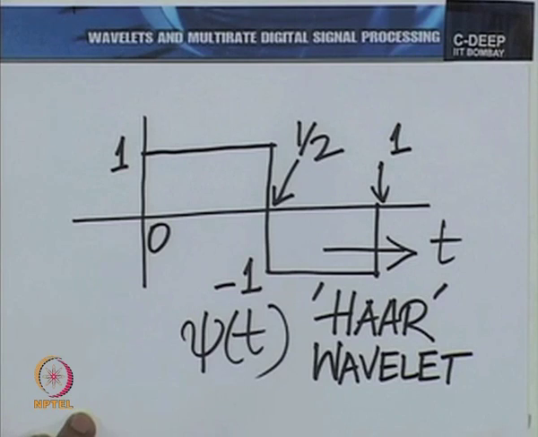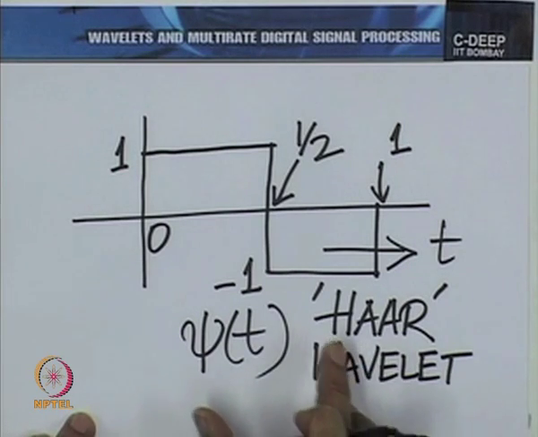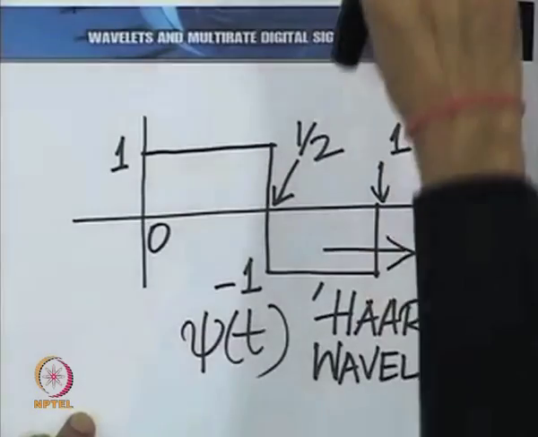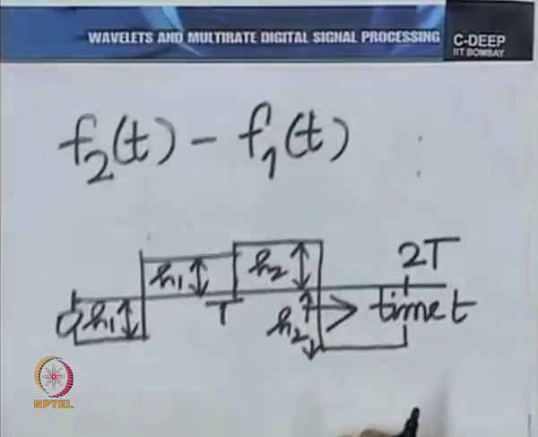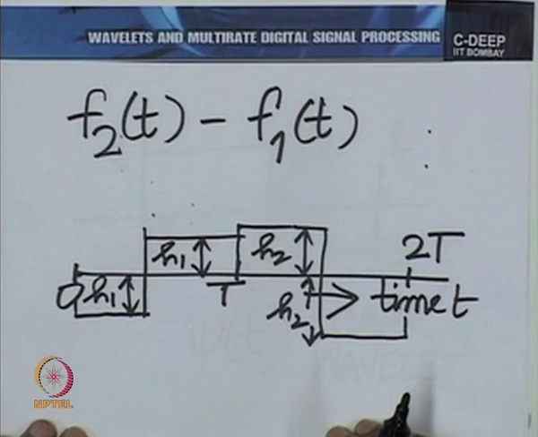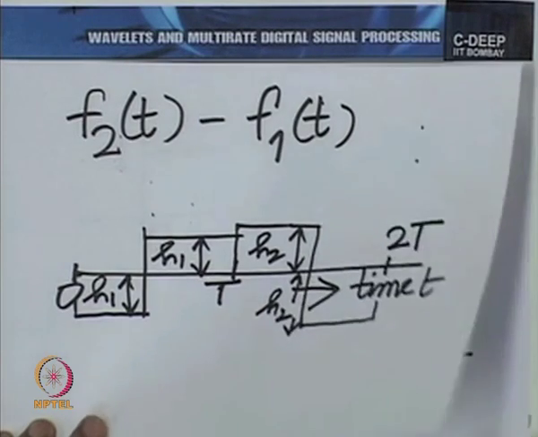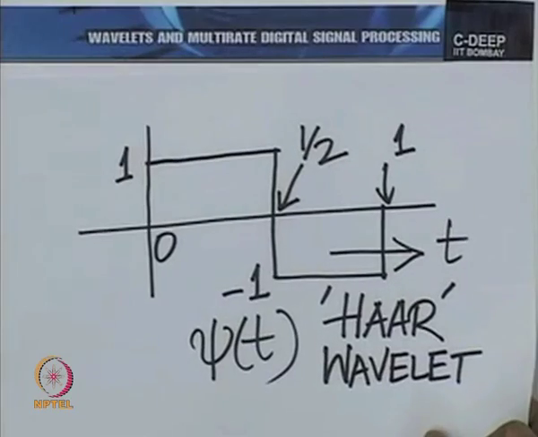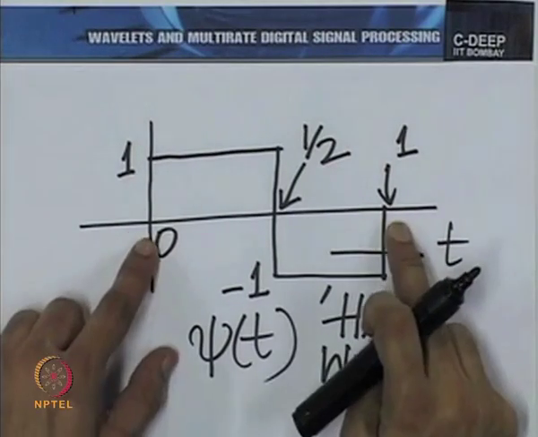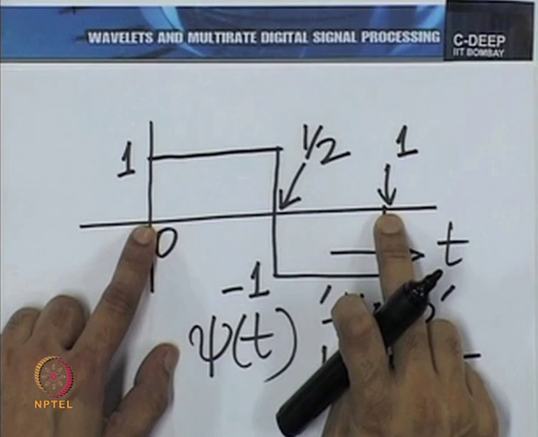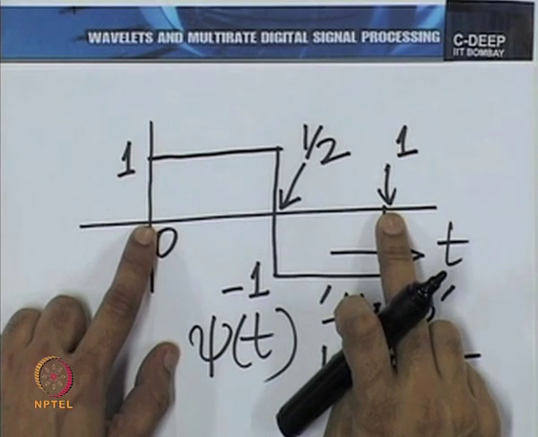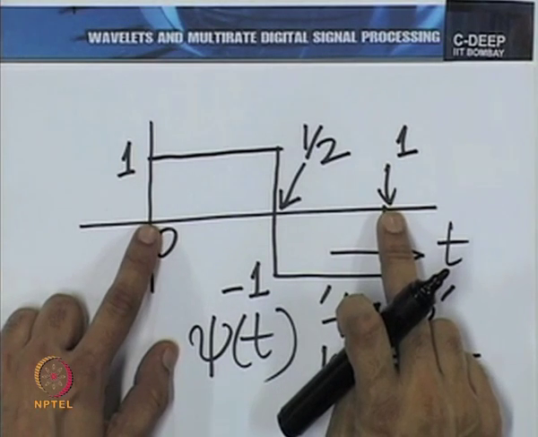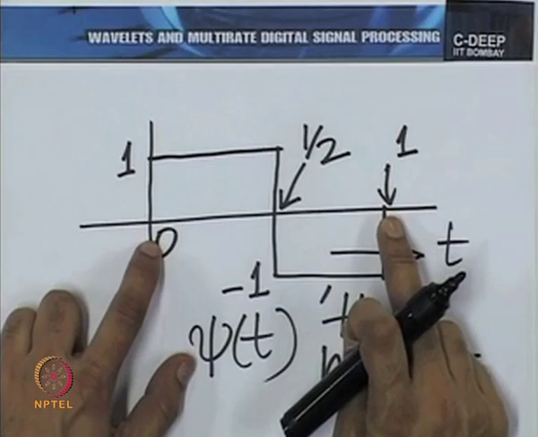It is very easy to see that using this function, I can construct any such f2(t) minus f1(t). Indeed, if I were to take this function, stretch it or compress, whatever might be the case depending on the value of capital T, dilate is the more general word.